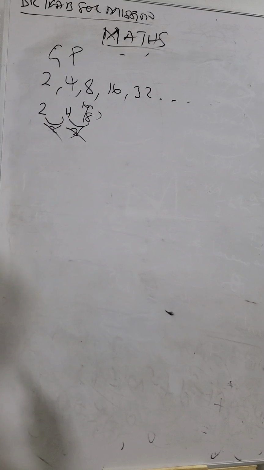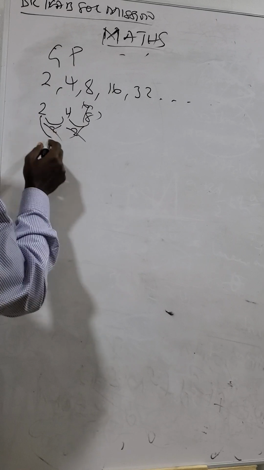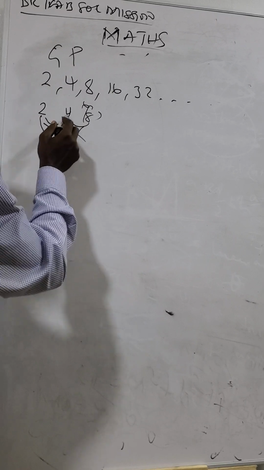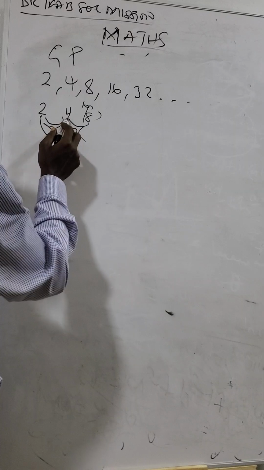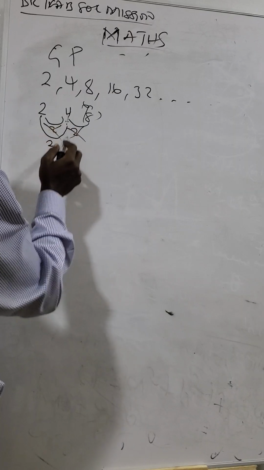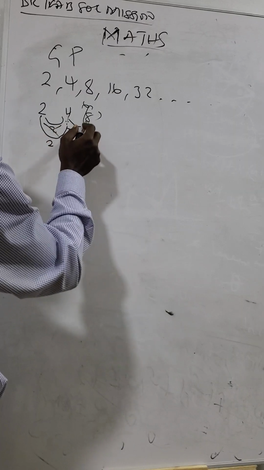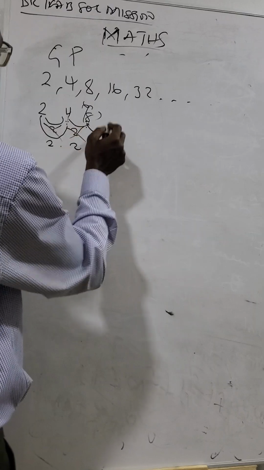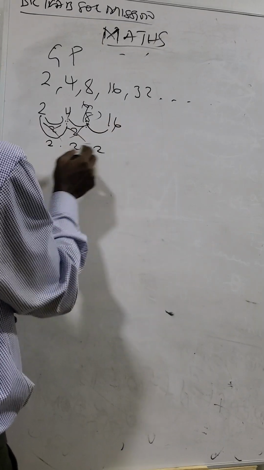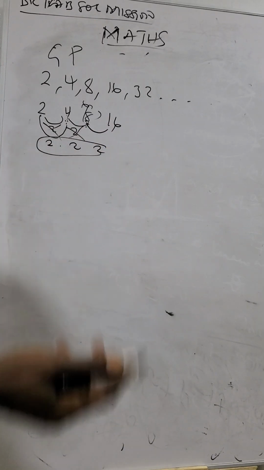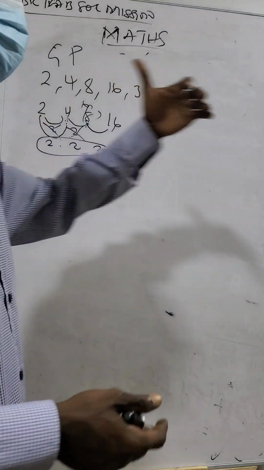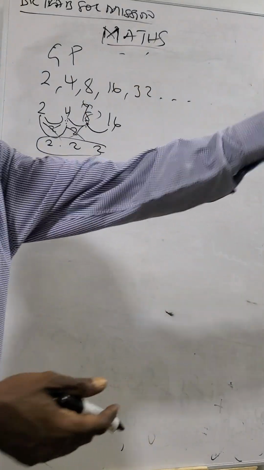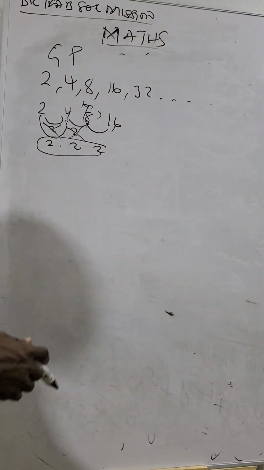Now try the other method and see. If you multiply this by 2, you get 4. Multiply the answer, 4, by 2, you get 8. Multiply 8 by 2, you get 16. So you realize that this comes in the form of multiplication as you move forward. Of course, when you are coming back, it will be division.